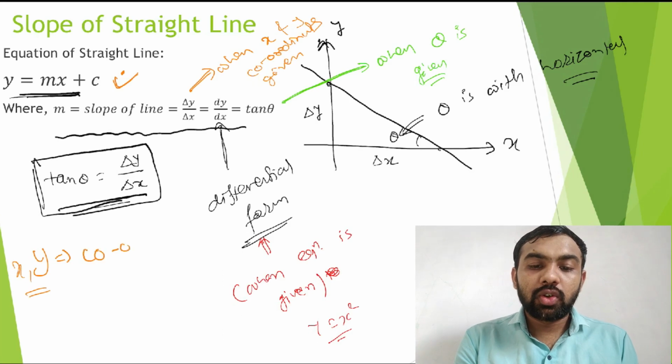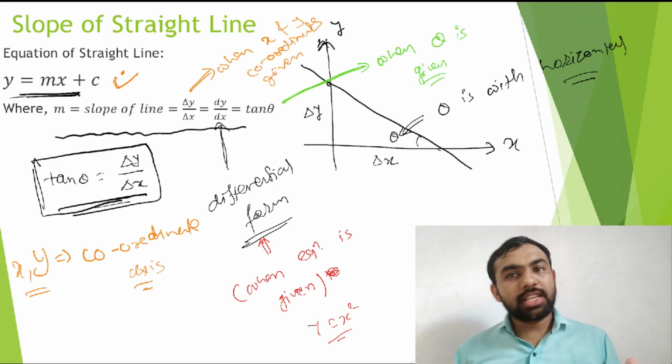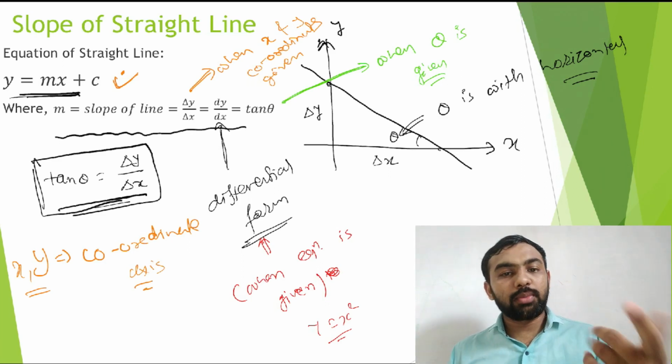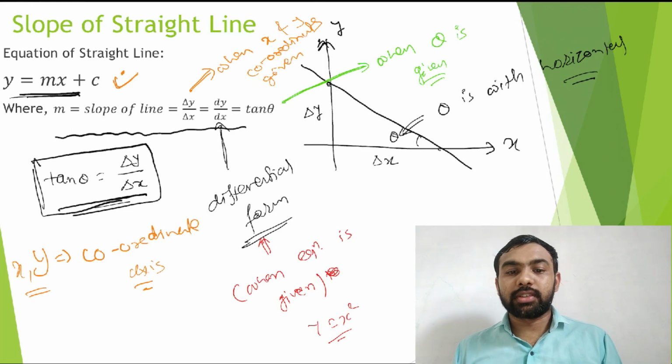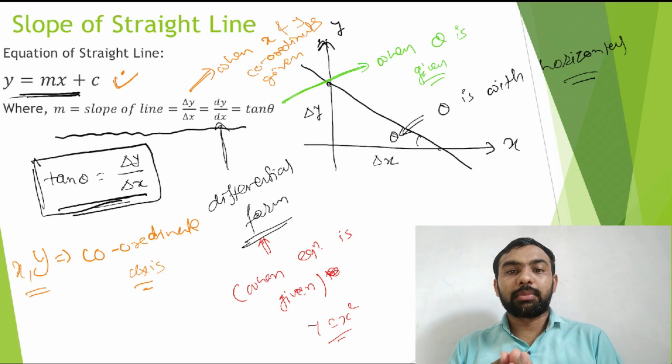It's just a coordinate axis. आप उसको चेंज भी कर सकते हो, ठीक है. मतलब आपको अगर कोई दूसरा कोऑर्डिनेट्स दिया है तो आप वो यहाँ पे रिप्लेस कर सकते हो, ठीक है. So you must remember this concept, slope of the straight line, and you solve the different examples which are given in the assignment. Okay, so note all this in your books. Then after that we go to the next one.